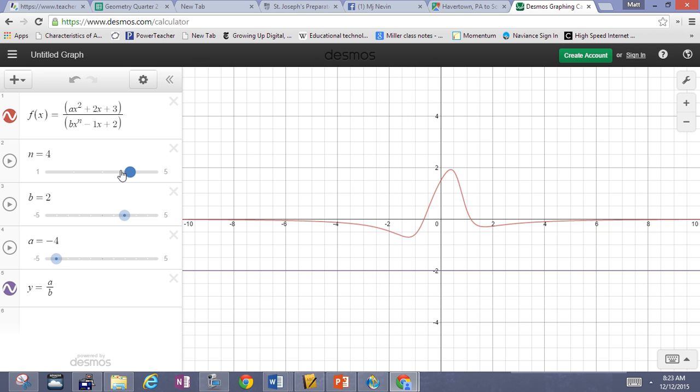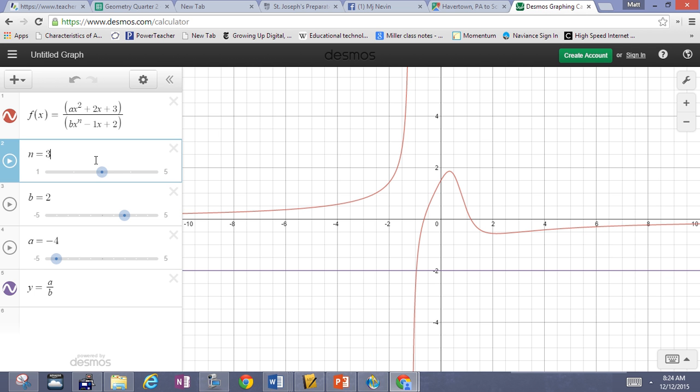Changing that is going to have an impact on where the ratio goes, but the horizontal asymptote is always going to be at y equals 0, which is the x-axis, whenever the numerator has a power that is less than the denominator.